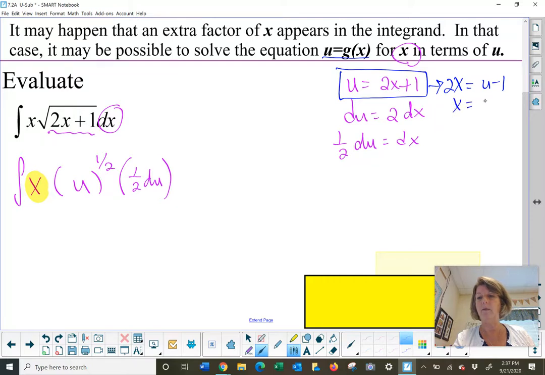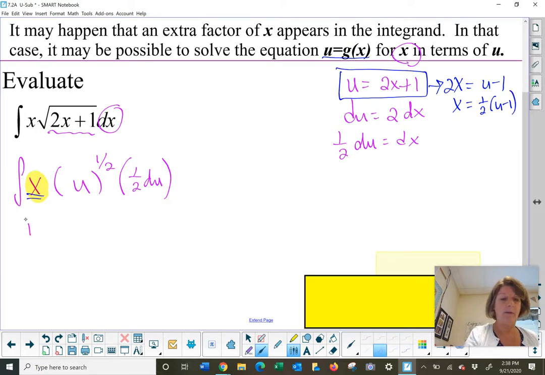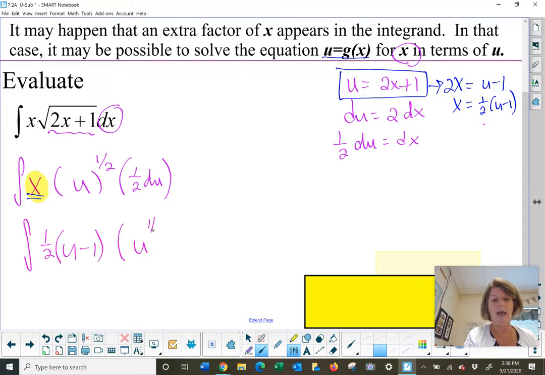So x equals 1/2 (u minus 1). Now I can change out that. So I'm going to integrate. The x gets replaced with 1/2 (u minus 1), u to the 1/2, and then I have the 1/2 du.